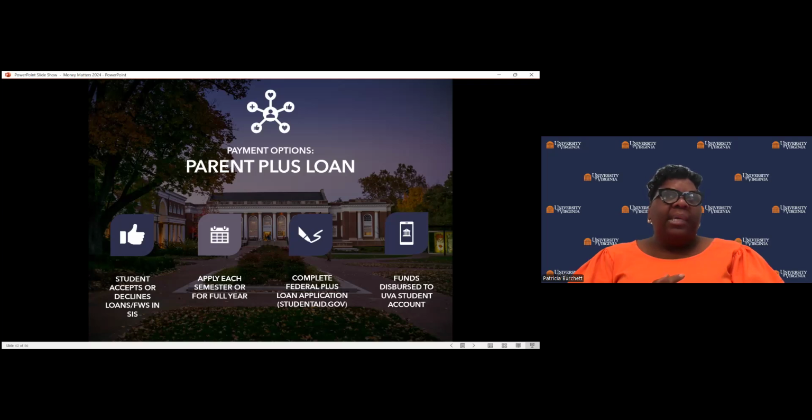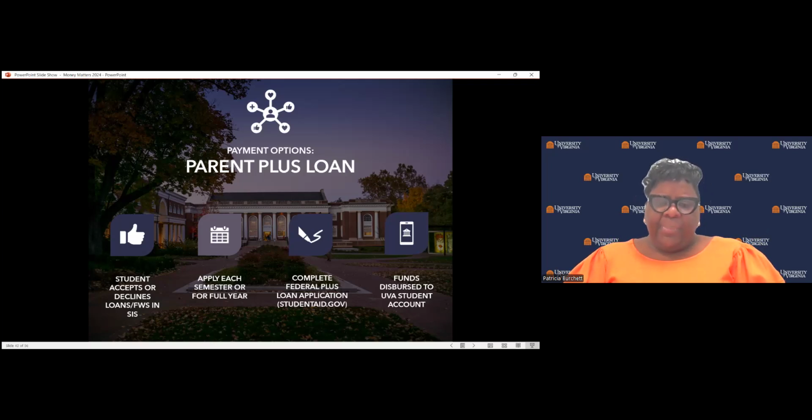One thing that can be creatively done as a payment option, if it's two different parents taking out a Parent Plus loan, is that one parent may want to take the Parent Plus loan for just the fall term, and then another parent may want to take the Parent Plus loan for the spring term. Keep in mind that the credit will be pulled for each parent for each application.